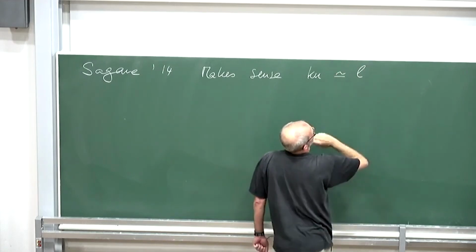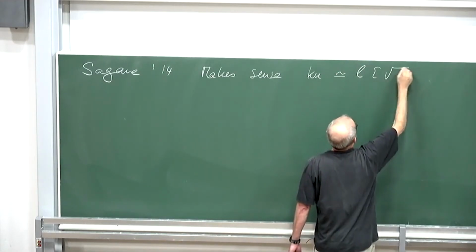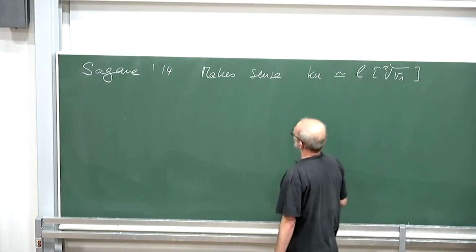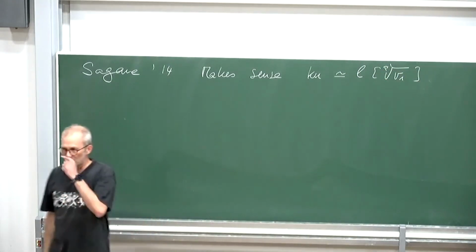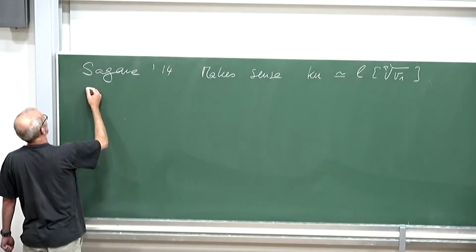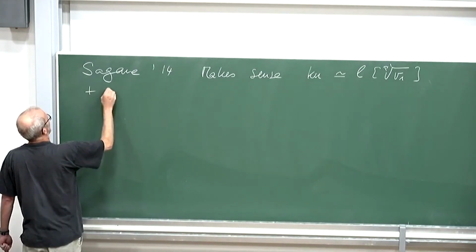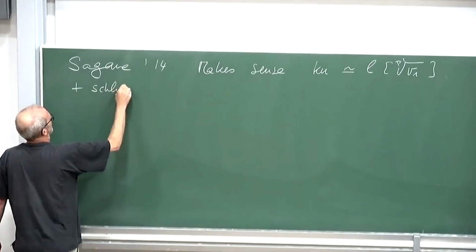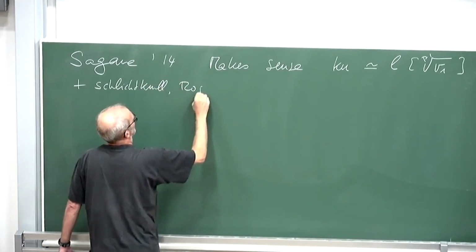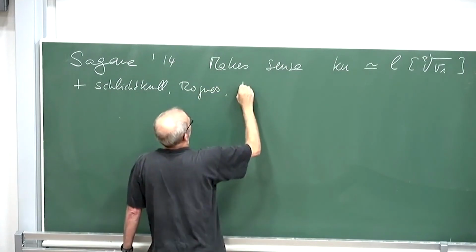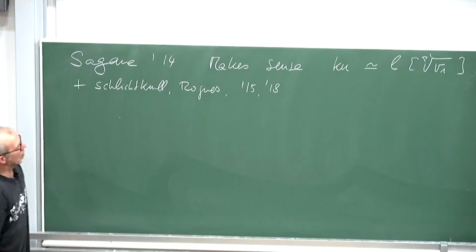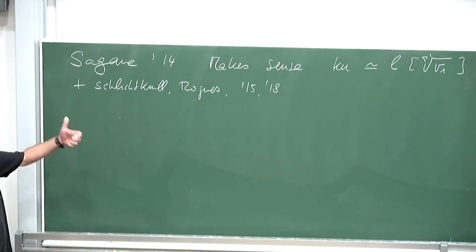So it's all p-completed here now, in commutative spectra, and then with Schlichtkrull and Rognes, I think this is in '15 and '17 or '18, maybe they published, they have the complete log story.